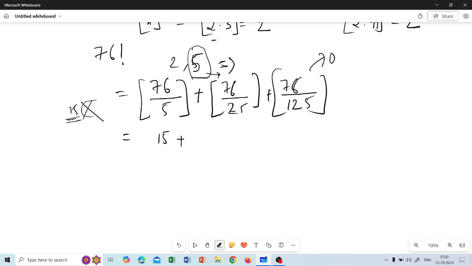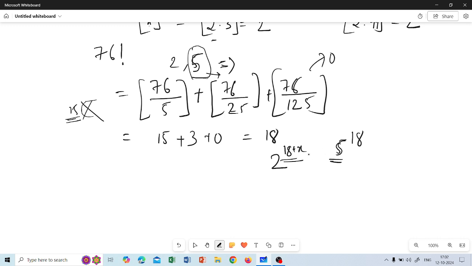So 76 divided by 25 is going to be 3, plus 0. So totally 18. The highest power of 5 is 18. So 5 power 18. The power of 2 can be 18 plus something, like 18 plus x.